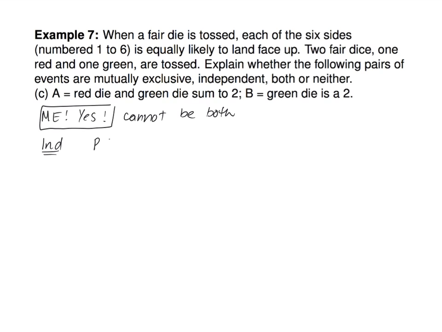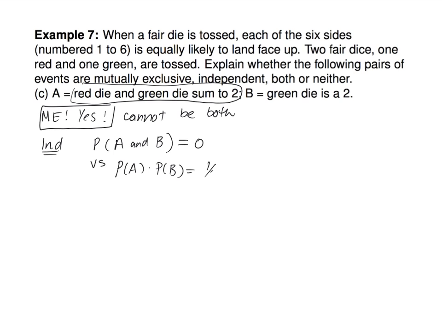What is the chance that the red and green die sum to 2 and the green die is a 2? That's 0, right? If your 2 dice add to 2, what do they both have to be? 1. Both have to be 1, right? Because there's no die that has a 0 on it. Versus P of A times P of B. Having the red and green die sum to 2 means you have to get a 1, 1, right?